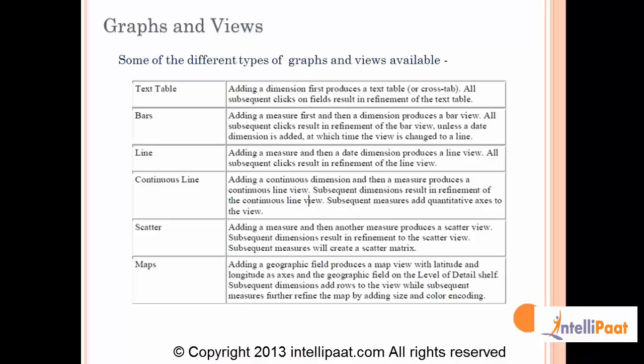I'll just run through these things, and then we can go deep into each one of these, and I'll show how to build them and what the different variants are in each of these graph types. The first one is the text table. A text table is a basic crosstab or tabular report that you would see anywhere, like in Excel, with dimensions and measures in rows and columns.